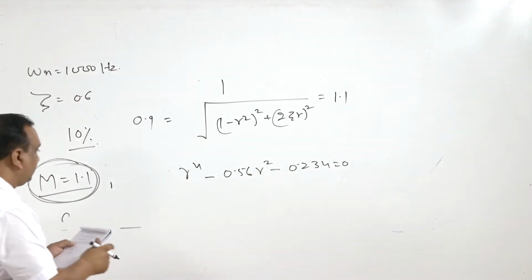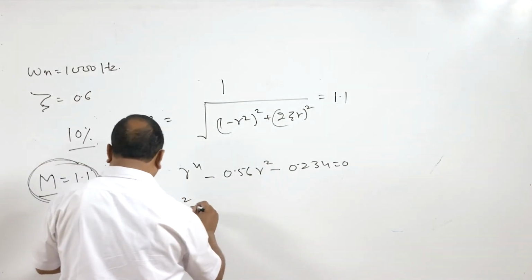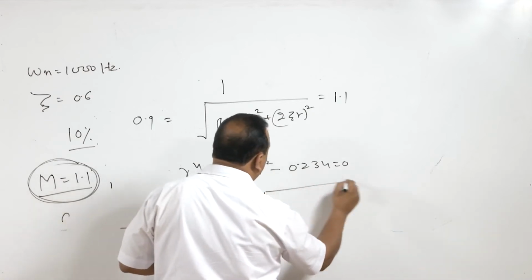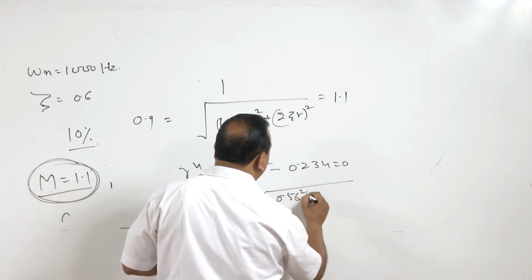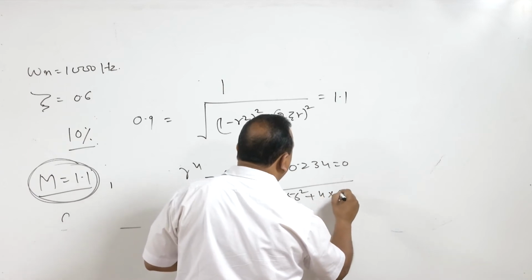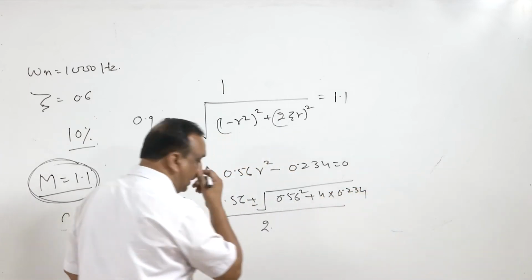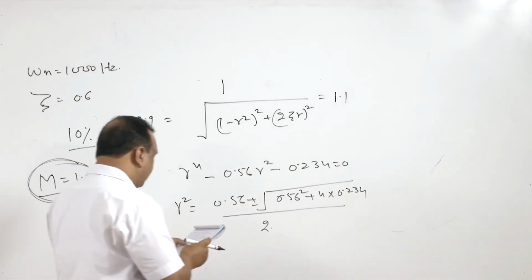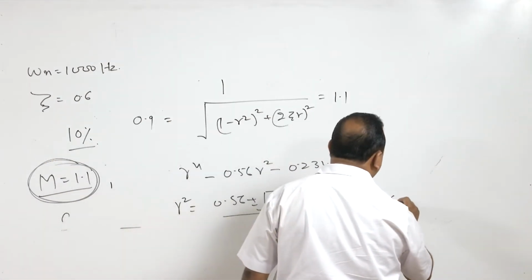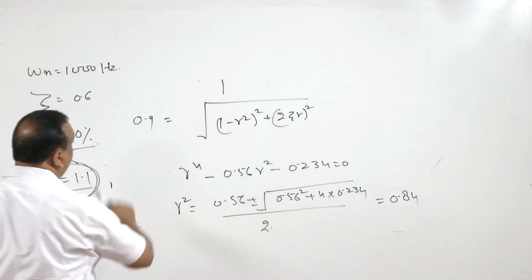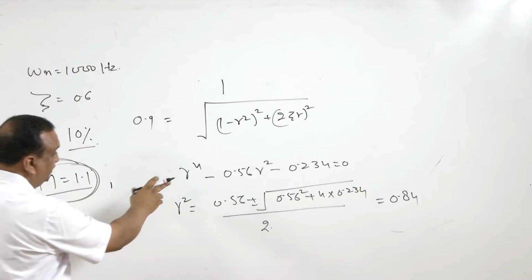Now let us take the solution of this equation. This r square is equal to 0.56 plus minus under root of 0.56 square plus 4 into 0.234, divided by 2. And this will give the r square value as 0.84. So we have replaced 1.1 by 0.9 and the equation is modified like this.